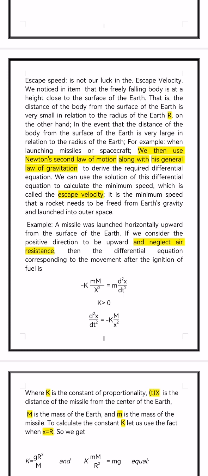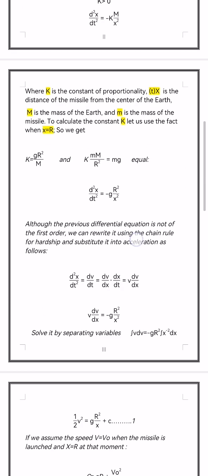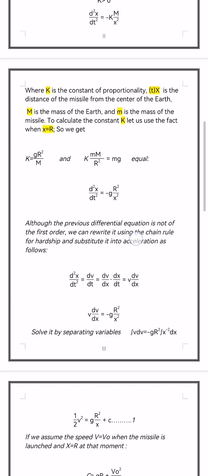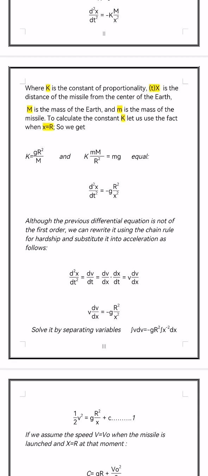Here x(t) is the distance of the missile from the center of the Earth, where M is the mass of the Earth and m is the mass of the missile. To calculate the constant k, let us use the fact that x equals R at the surface.